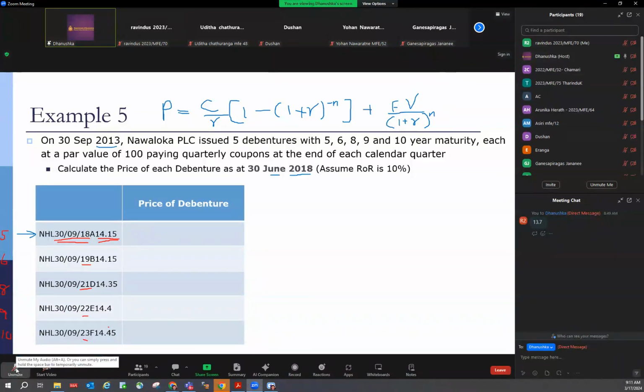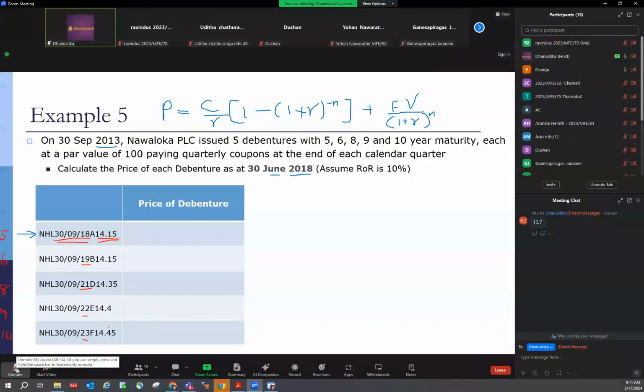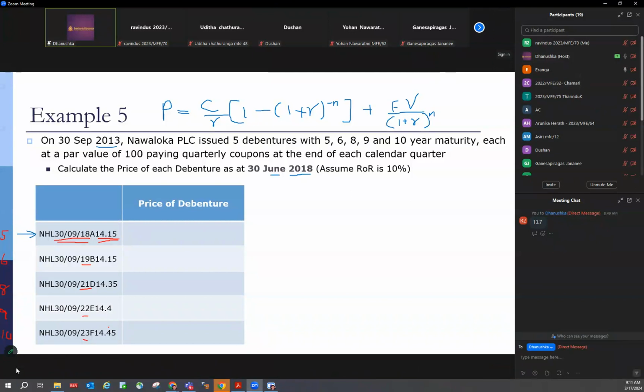Not discounted or a premium debentures. Yeah. So they were issued at 100, right? Or at face value.